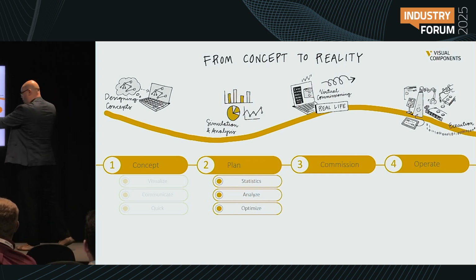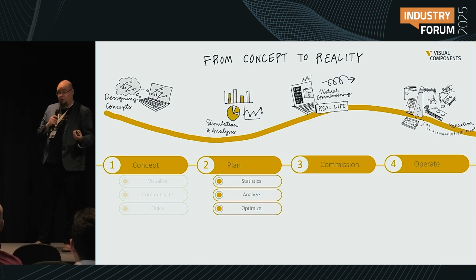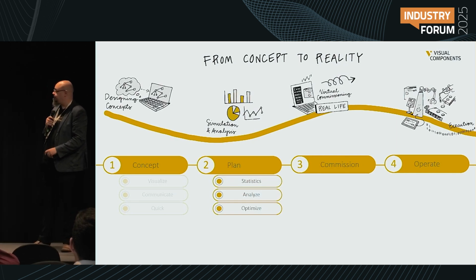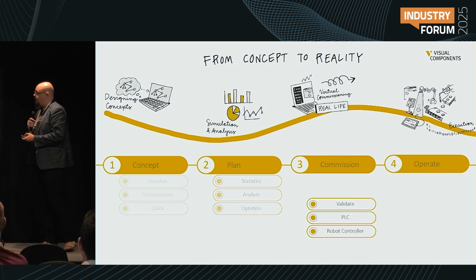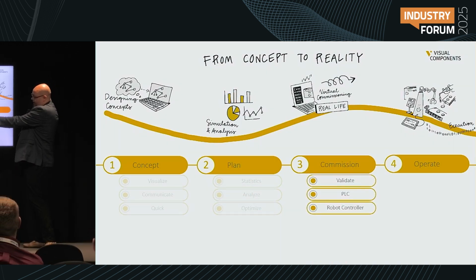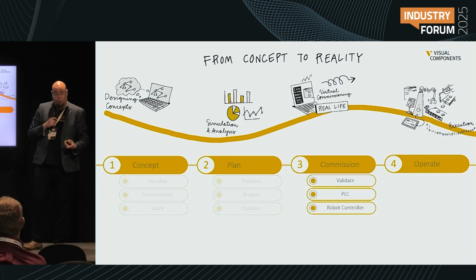Okay, we have our plan, we have a good layout, we have proven it works. Now we actually start to build it. So in this stage, with the same layout, using the same tool, we start to validate the whole layout or the critical components of it, either or.